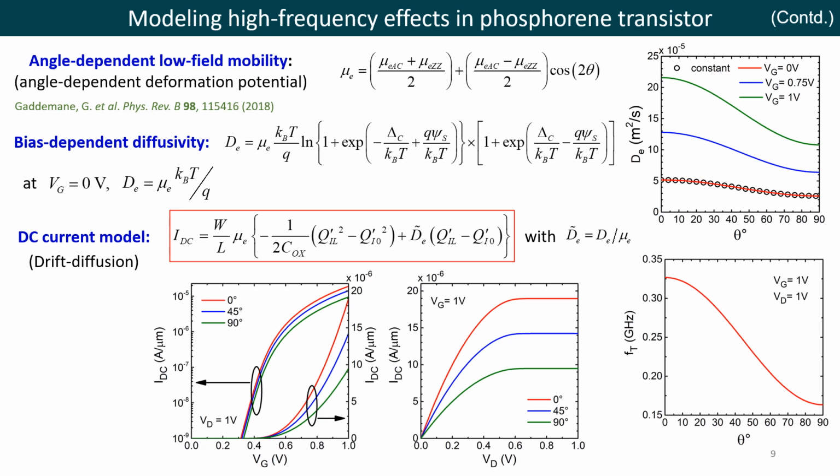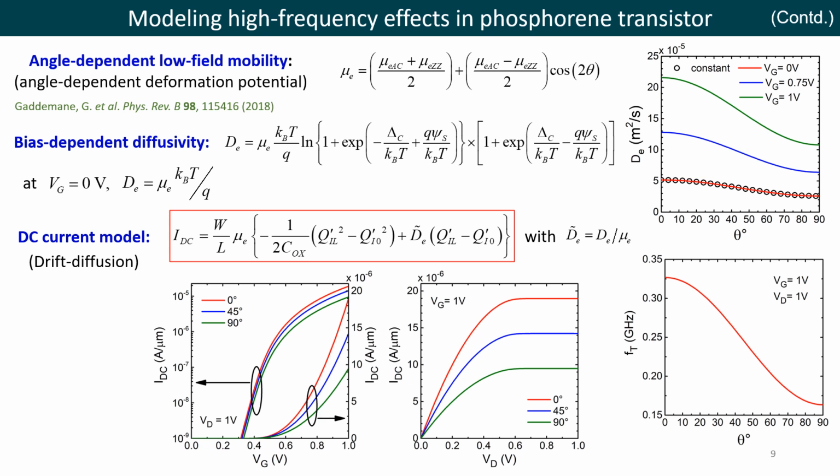However, the subthreshold swing remains almost theta invariant, calculated to be 72 millivolt per decade, and also the threshold voltage of the device remains theta independent since it solely depends on the density of states of the constituent material that is phosphorine.